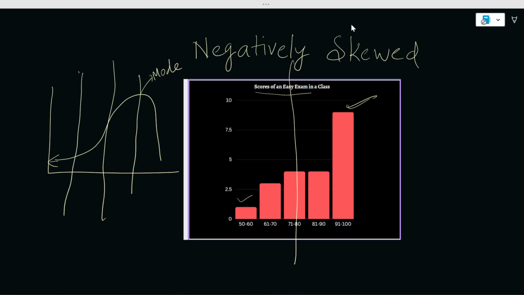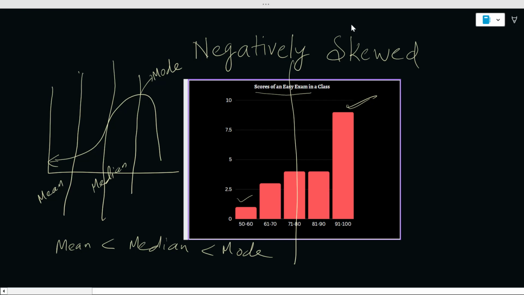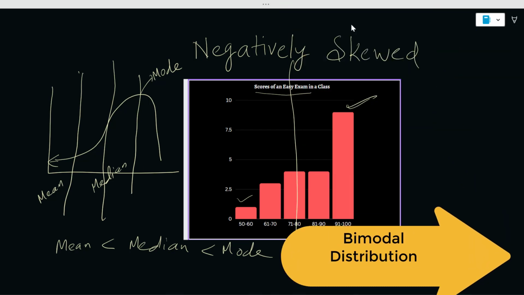Mean will appear over here. So in the case of negatively skewed data, we clearly have mean less than median less than mode. A perfect example of visualization where we can interpret and estimate the central tendency and dispersion of data.